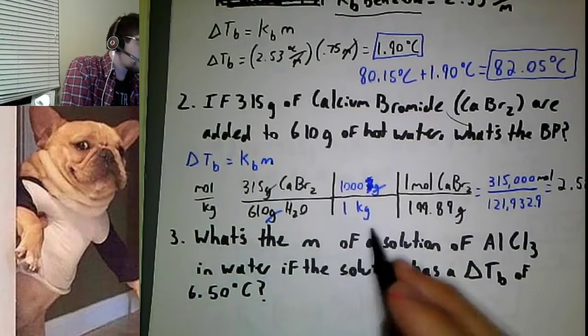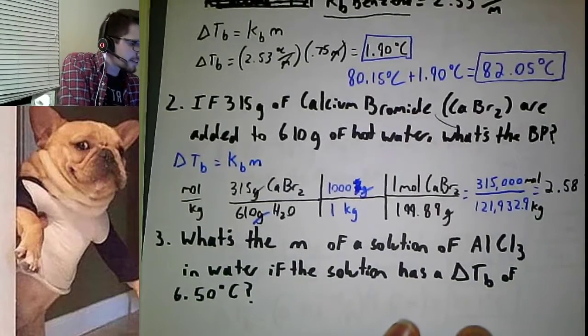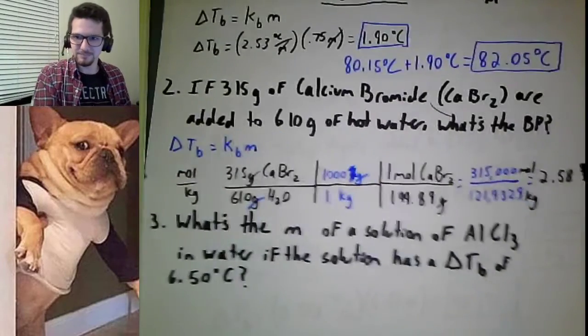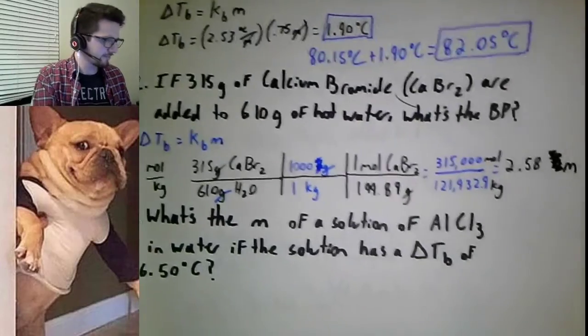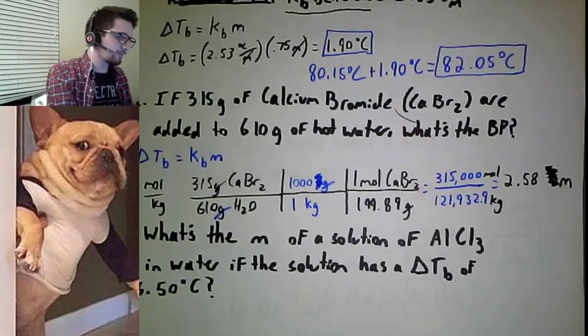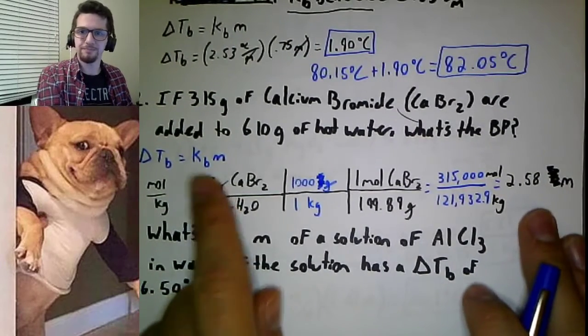And at the bottom, I end up with kilograms as my units. The whole point of this was because moles per kilogram is the unit of molality. So I have 2.58 molal. Oh, that's off the screen. I have 2.58 molal. So it's asking what's the boiling point. The reason I was doing that was so I could plug it into my equation up here.